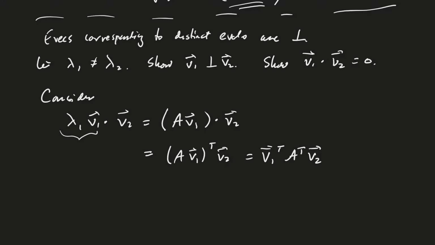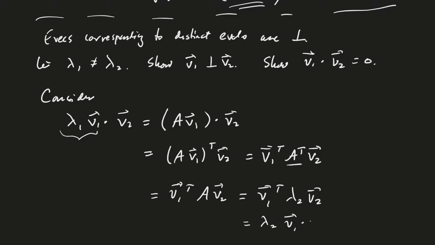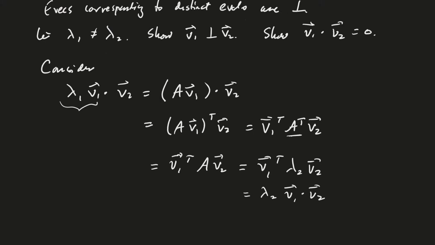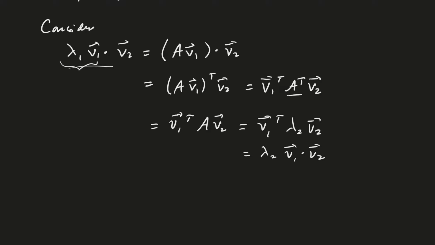This is why a symmetric matrix works so well, because we can replace A transpose by A. And so that's equal to V1 transpose times A times V2. V2 is an eigenvector, therefore that's equal to lambda 2 times V2. And there's your proof. This is lambda 2 times V1 dotted with V2. So all we've done so far is show that lambda 1 times V1 dot V2 is equal to lambda 2 times V1 dot V2.